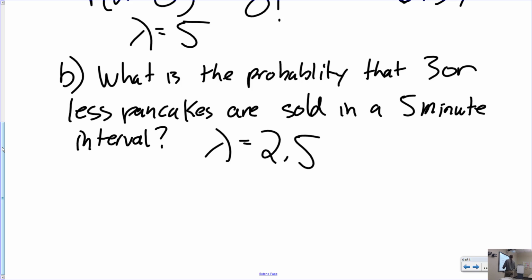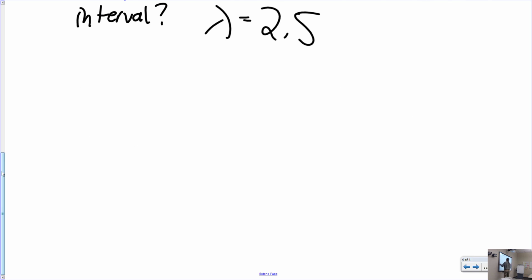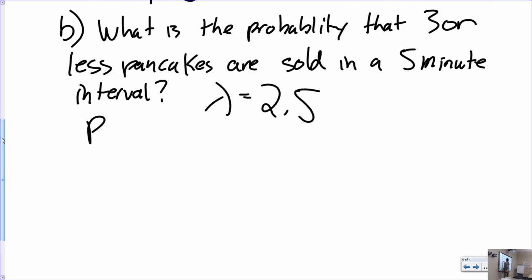And now what am I trying to calculate? 3 or less, so I want to calculate the probability that x is less than or equal to 3.